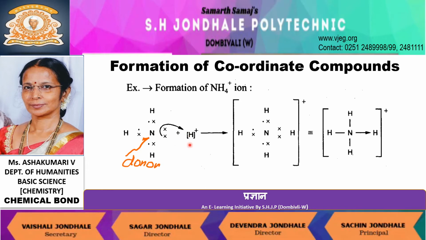The hydrogen ion accepts the electrons and is the acceptor. An arrowhead is directed towards the acceptor, that is the hydrogen ion, from the donor, that is the nitrogen atom. In this way, the ammonium ion is formed by a coordinate bond.